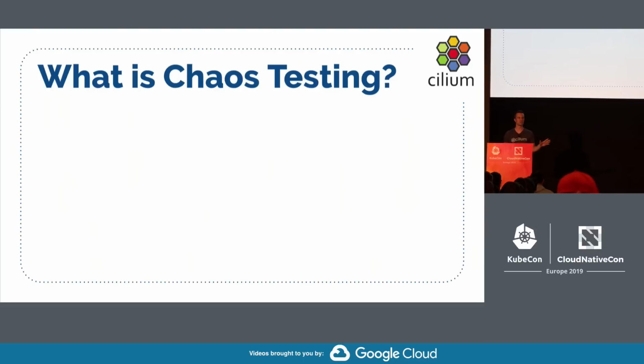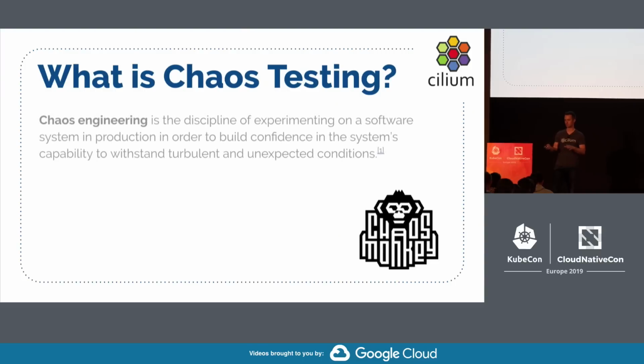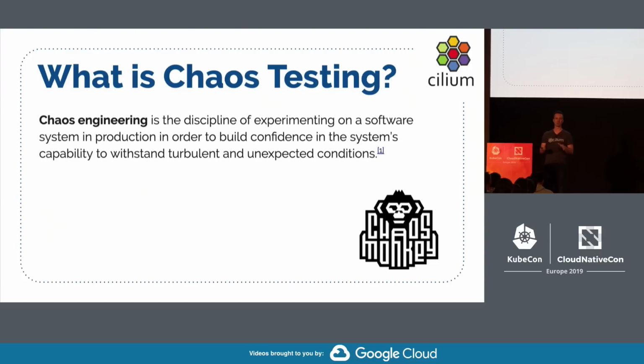So who has been doing chaos testing? Many hands. Great. Who knows what chaos testing is but has never done it? Many more hands. I'm not sure whether that's good or bad. If you look up the definition, it's coming from the original chaos testing talk that came out of Netflix and the chaos monkeys.